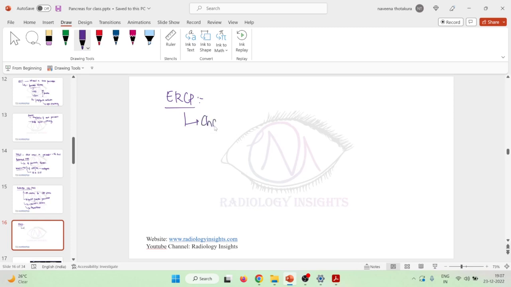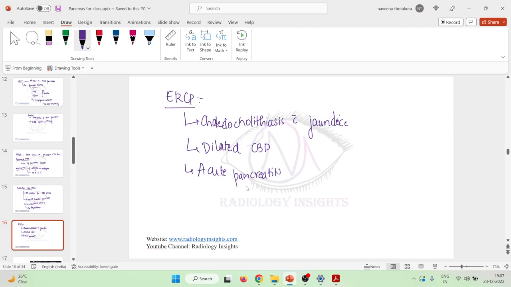cholangiopancreatography. It can be used in patients with choledocholithiasis with jaundice, in patients with dilated common bile duct stones, in patients with acute pancreatitis, or to diagnose cholangitis.